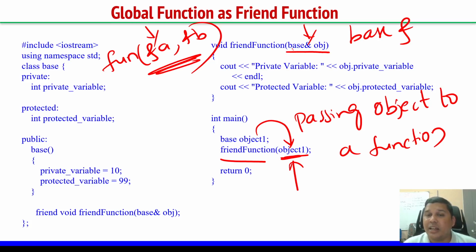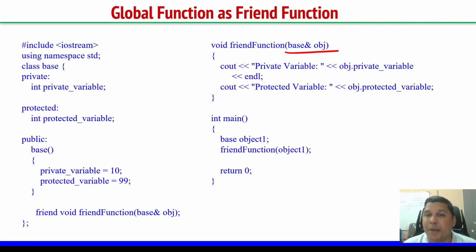This object 1 being passed belongs to the base class. So we write base ampersand obj. Now this obj object can access the private variables.